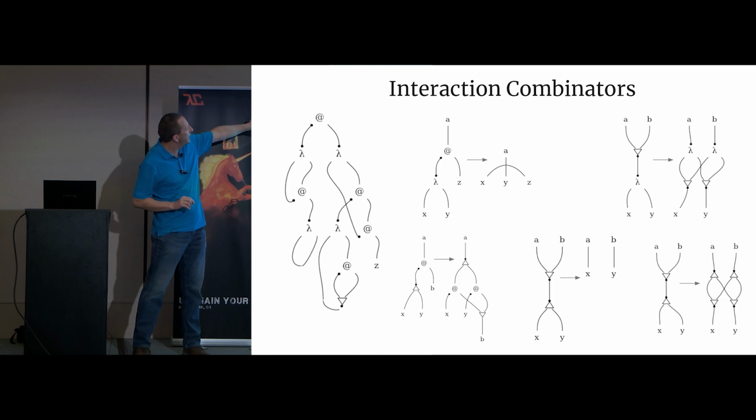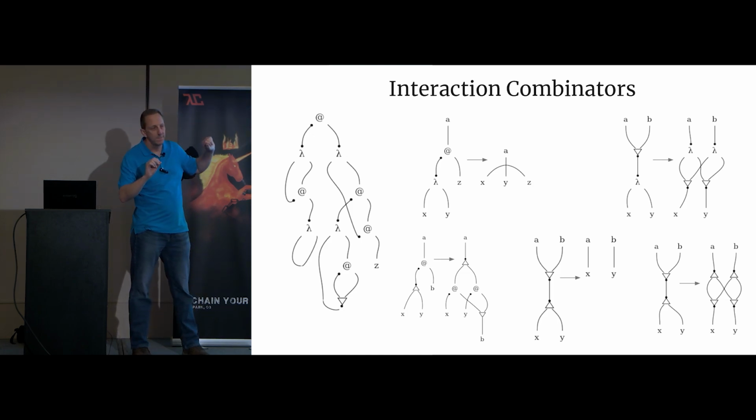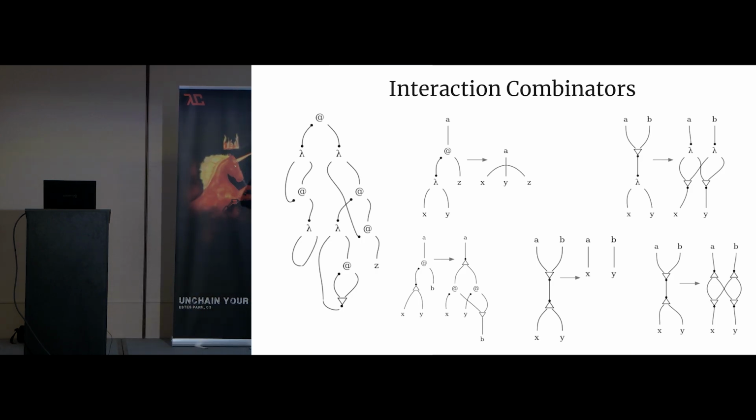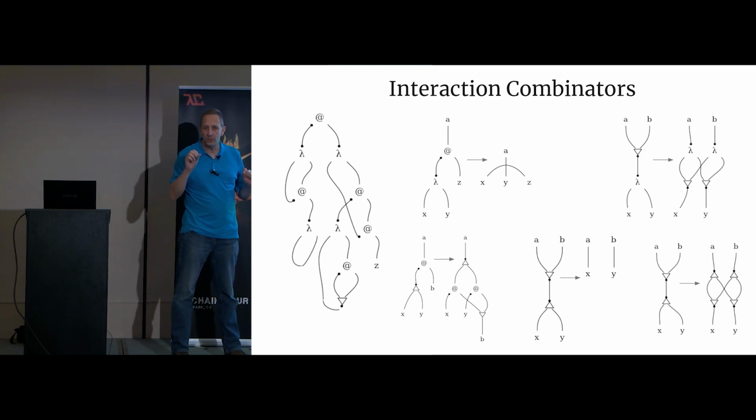Now, you'll notice on the left that there are dots at the ends of edges. Every node, and there are really only 3, the lambdas, the applications, and this triangle, which is a duplication node, and we'll talk about that in a second, they all have a dot for one of their ports where an edge comes into it.